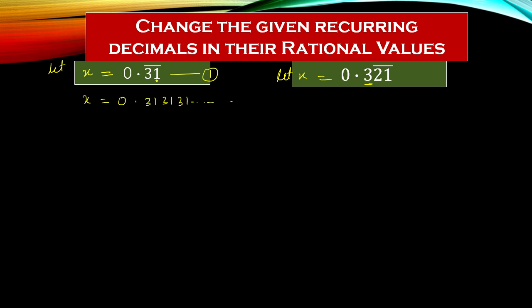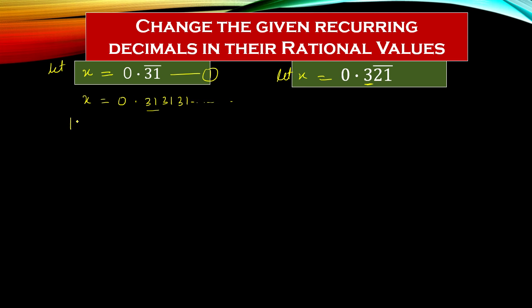So a set of digits, that is 3 and 1, we have to shift towards the left side of the decimal. Repeating again, we have to shift one set of digits which is under the bar towards the left side of the decimal. For that we have to multiply this by 100.